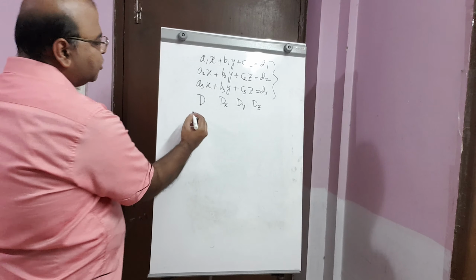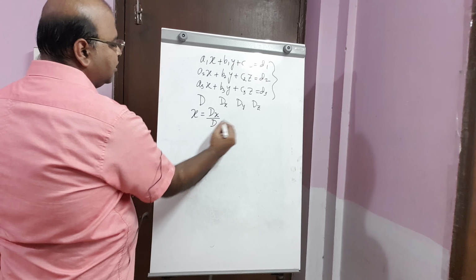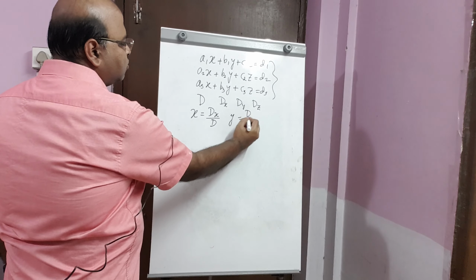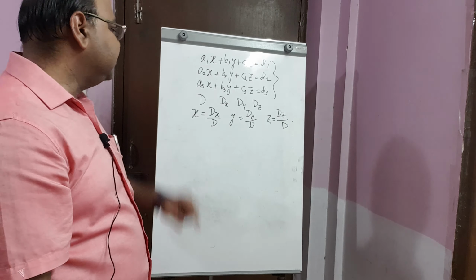And finally, the solution was given by x equal to Dx upon D, y is equal to Dy upon D and z is equal to Dz upon D. This was the solution to the system.